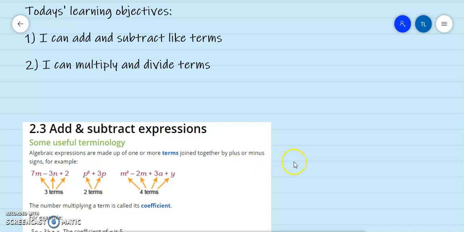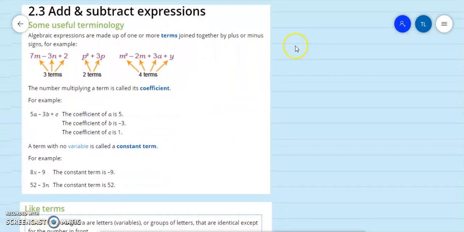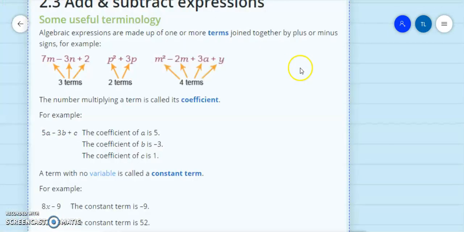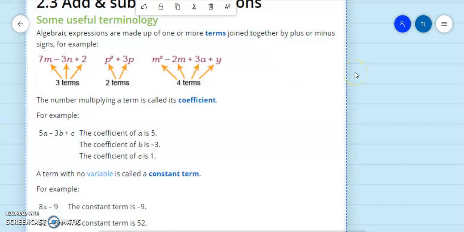As we know before, how to add and subtract expressions. Before we learn about adding and subtracting expressions, there is some useful terminology to help you. The first one: algebraic expressions are made up of one or more terms joined together by a plus or minus sign. For example, here we have 7m minus 3n plus 2, which are three terms.